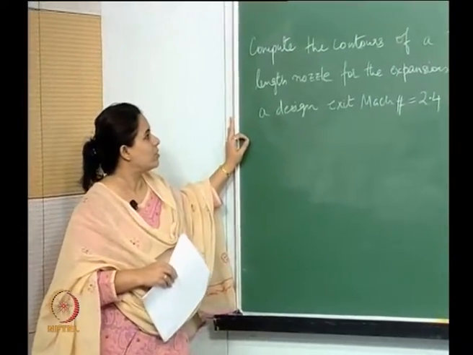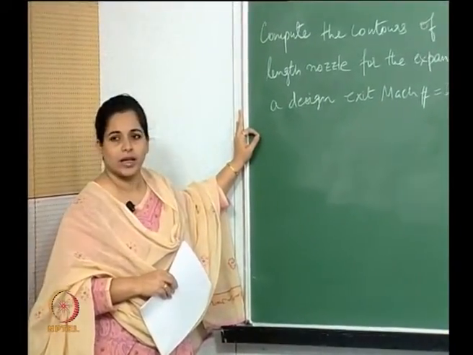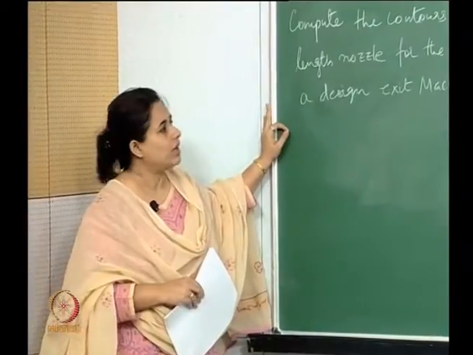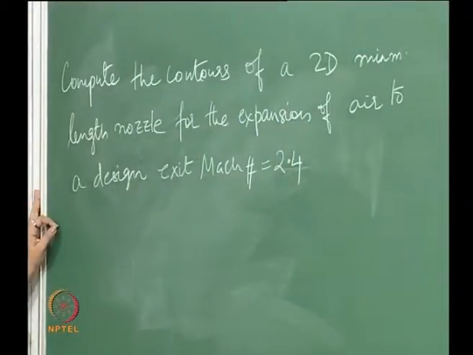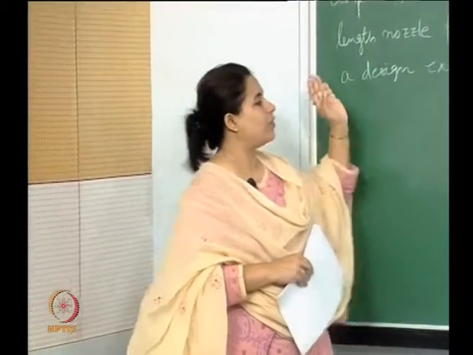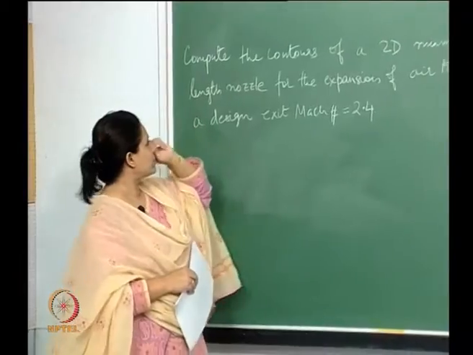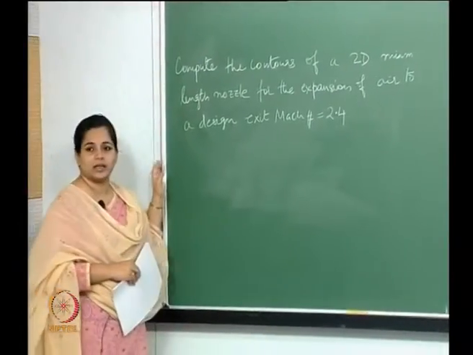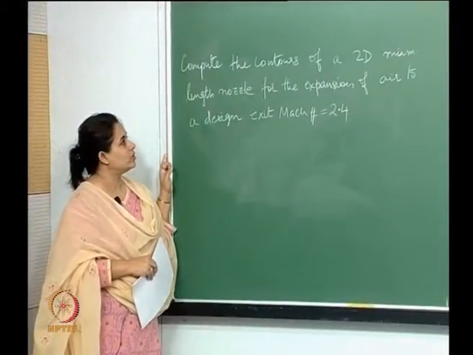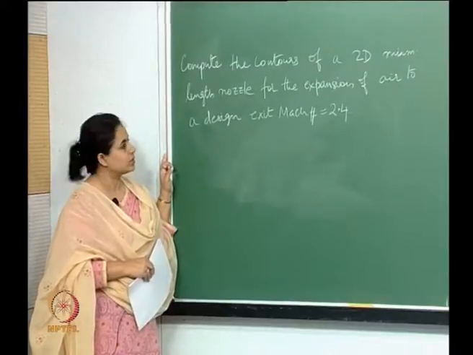So, we have come to a point where we are going to try and design such a duct, depending on what sort of Mach number we need at the exit. Depending on how fast we need our flow to be, we want to design a converging diverging nozzle.